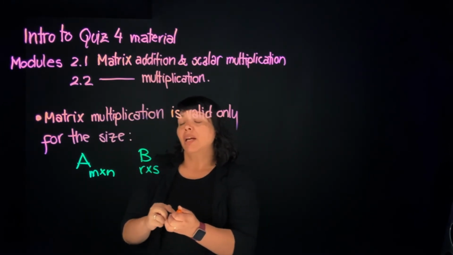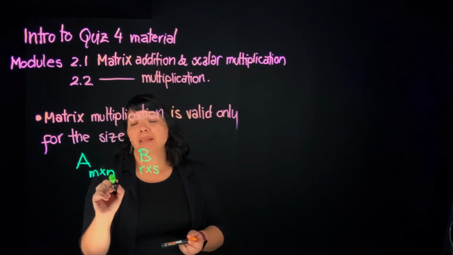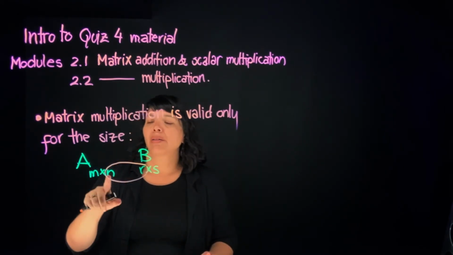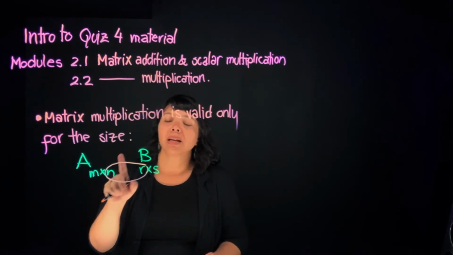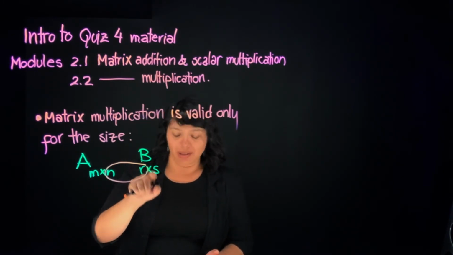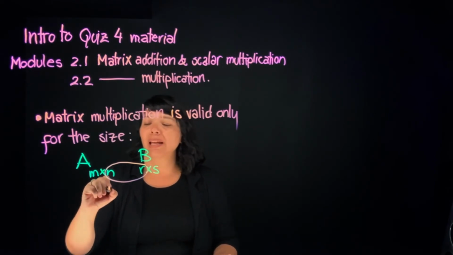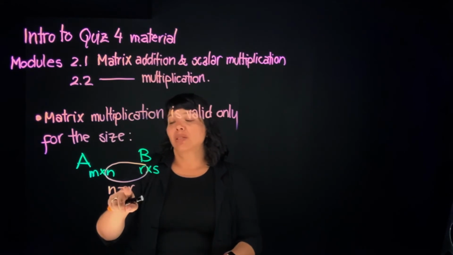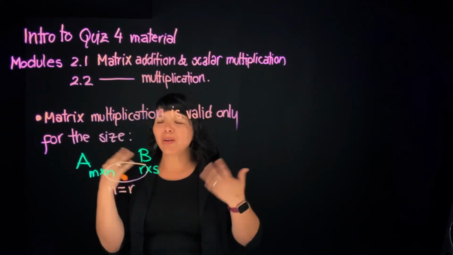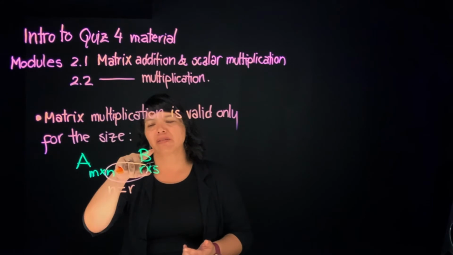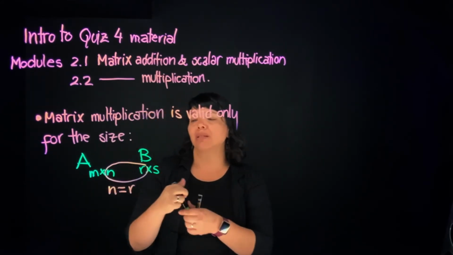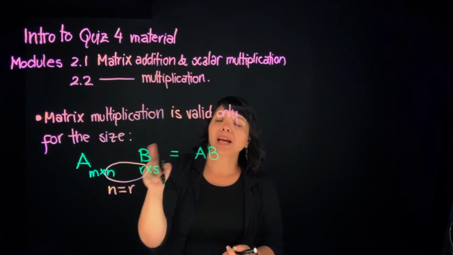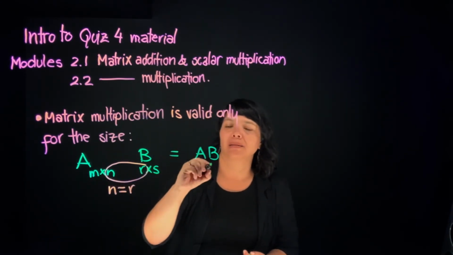But there is a restriction about these two sizes. The number of columns here and the number of rows of your second matrix have to match, so n has to be equal to r in this case. Once you check for that, just as a mnemonic, think that they are kind of canceling out. And your resulting matrix, A times B, will have the size m by s.